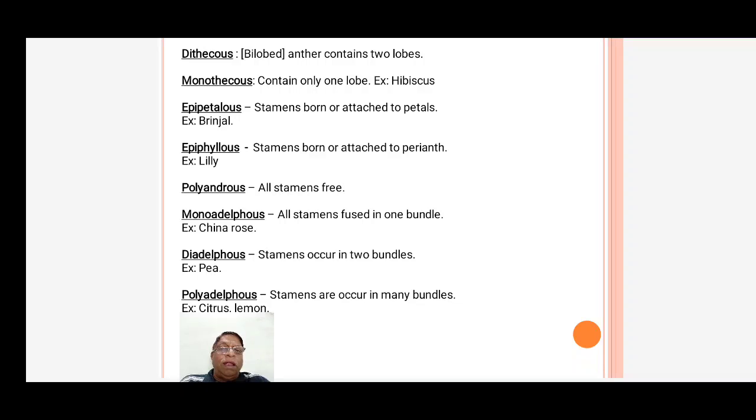Poly, many. If the stamens are many and they are free, such stamens are called polyandrous stamens. Okay. Next.